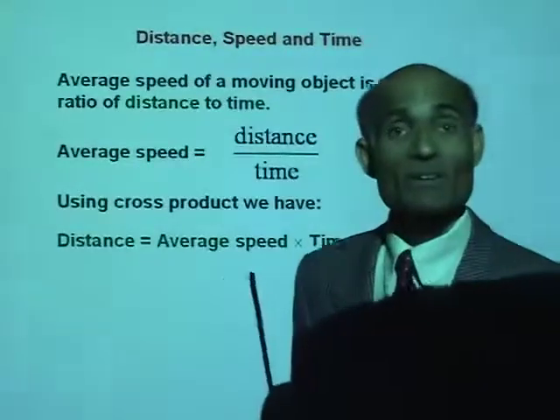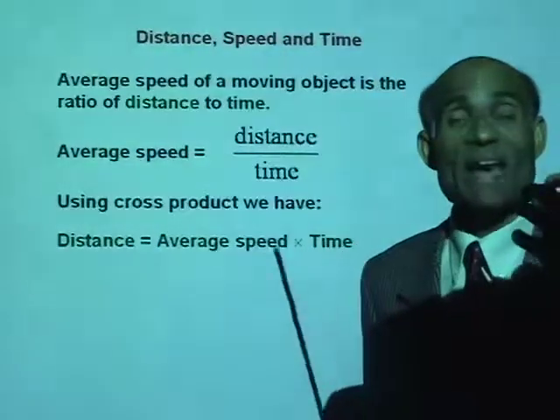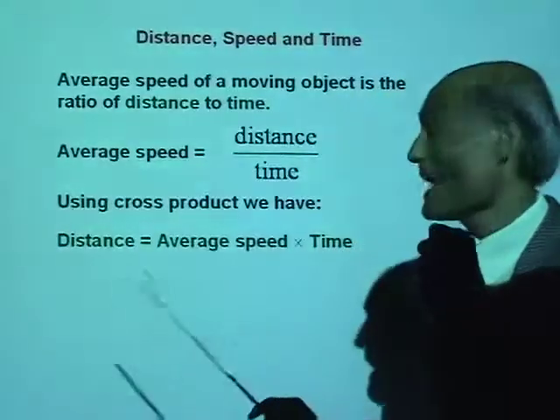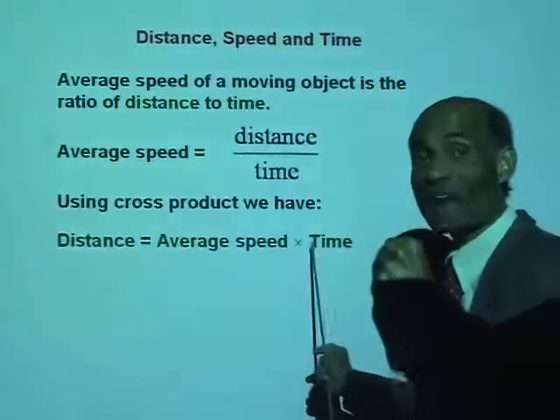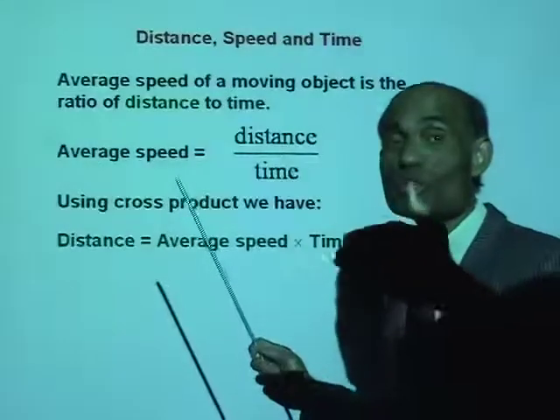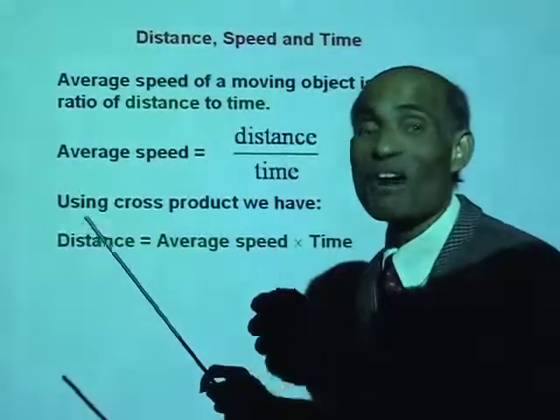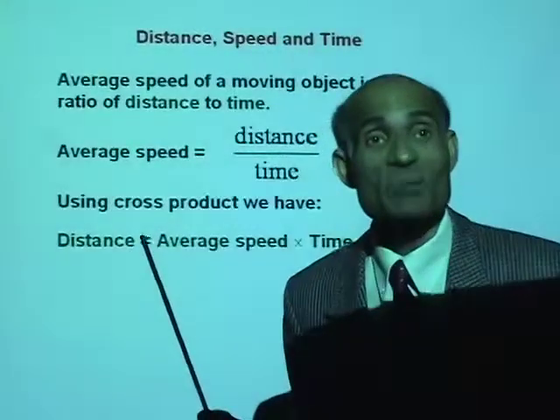Isn't it? If you travel with an average speed of 30 miles per hour, and if you travel for 5 hours, the total distance you cover will be 30 multiplied by 5, 150 miles.